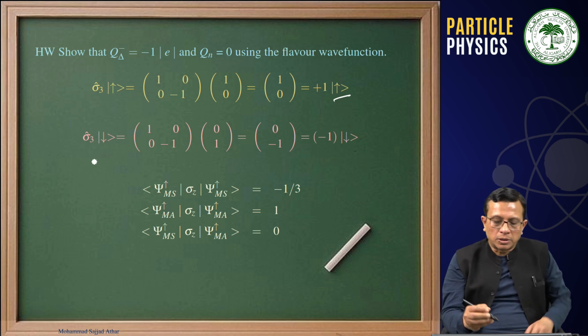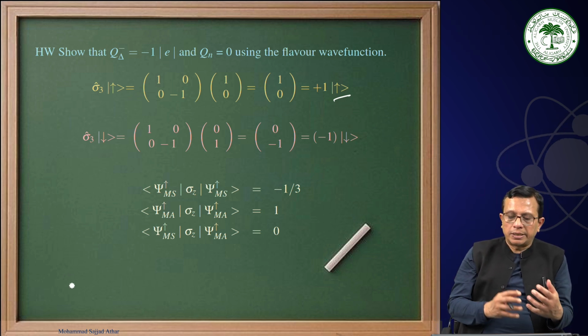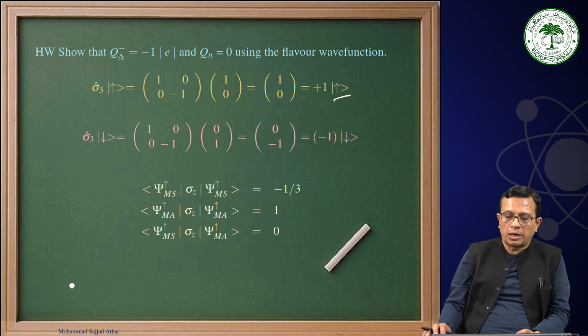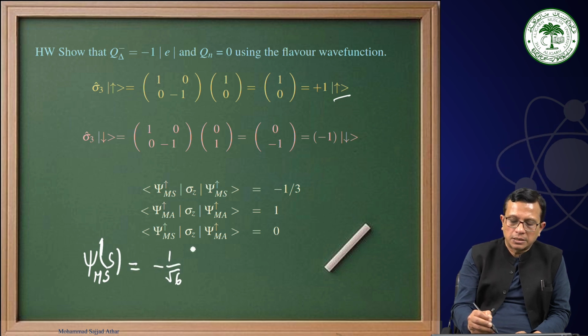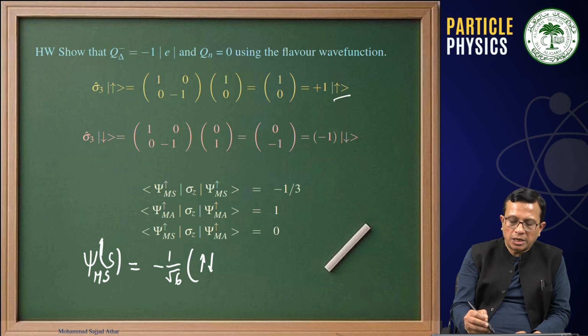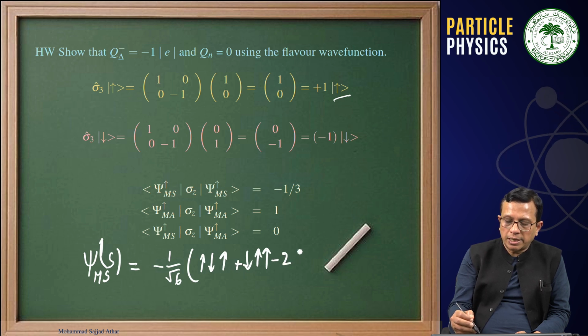Now let us talk about the different states that we can discuss in this class. If I am talking about the mixed symmetric states, this is 1 by root 6, up, down, up, minus down, up, up, or plus down, up, up, minus twice, up, up, down.